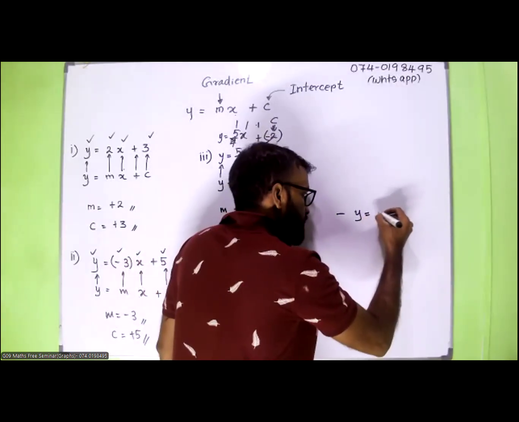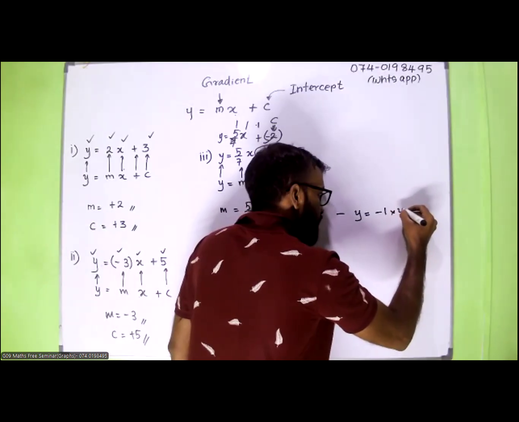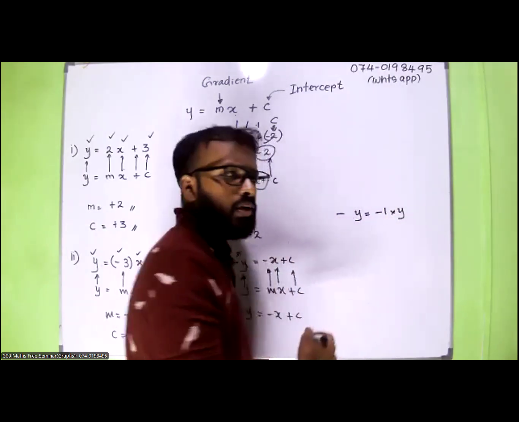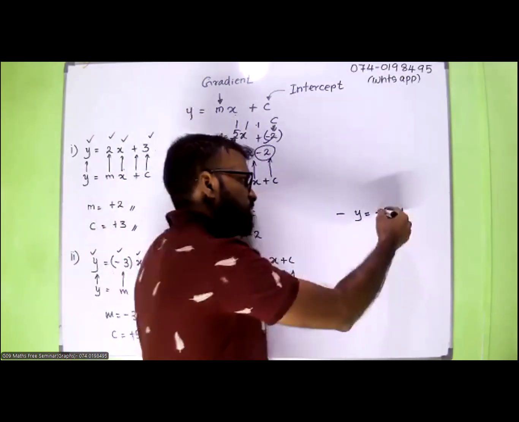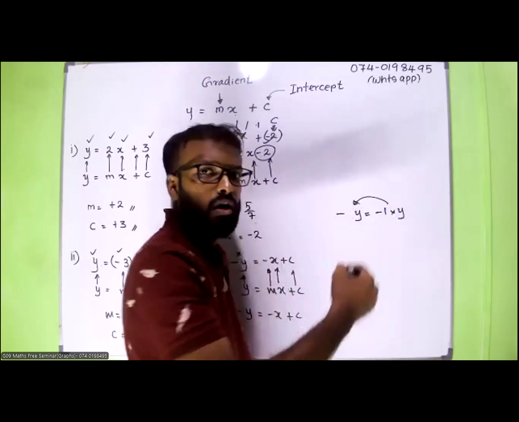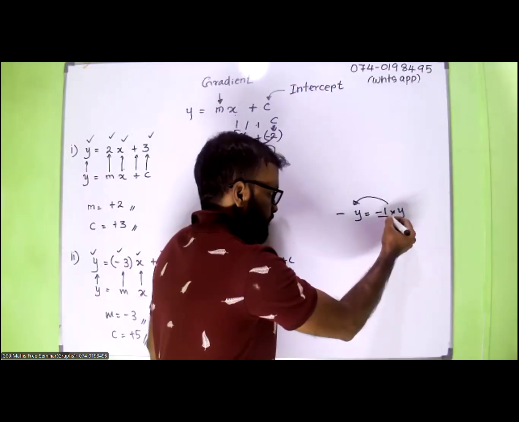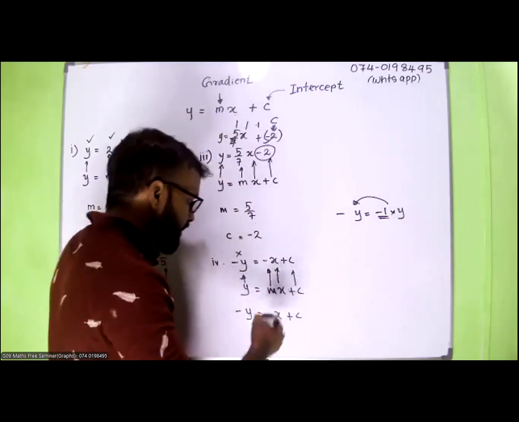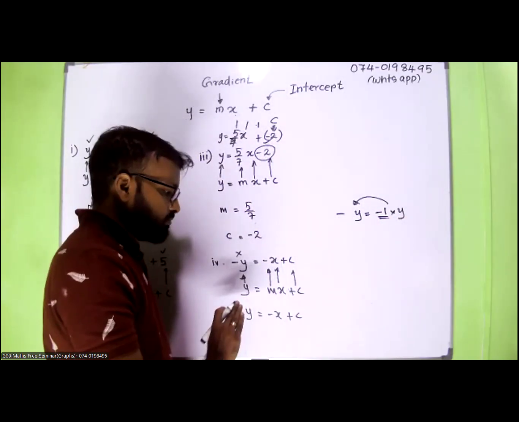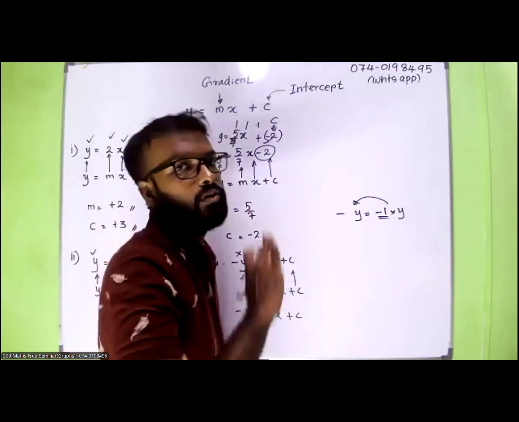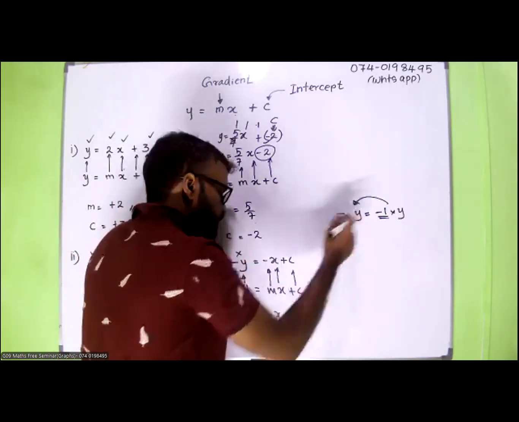So you can write this as minus 1 times y. Minus 1 times y, minus y. Done. So this is the coefficient, minus 1. You are going to divide the whole equation by minus 1.